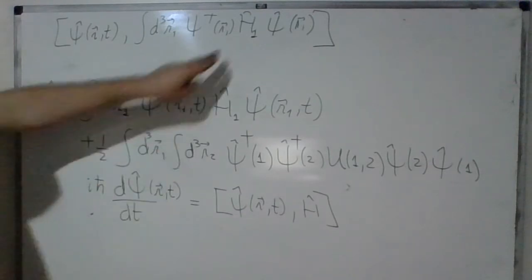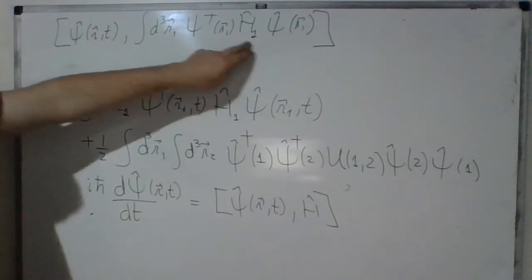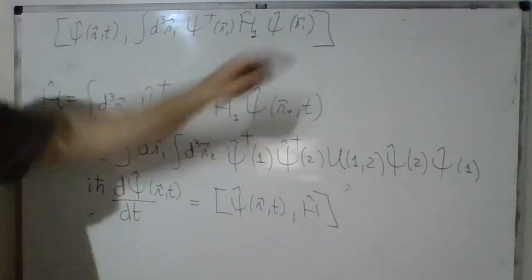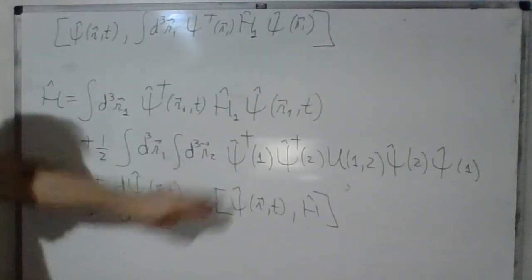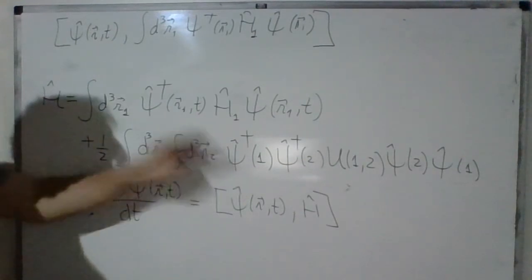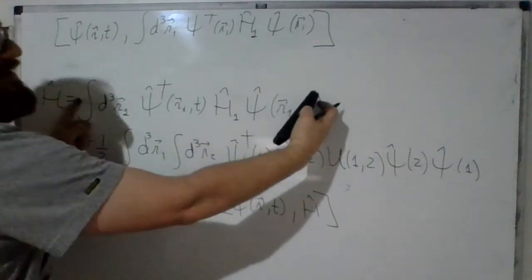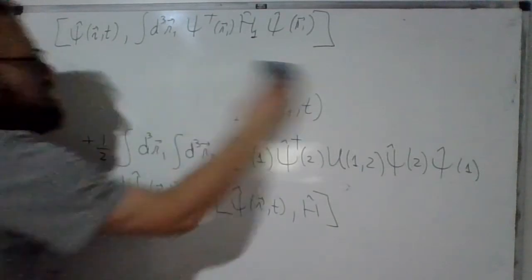Since this is an operator acting to the right on this function here, I will neglect it for the moment. I will calculate the commutator with this term first.